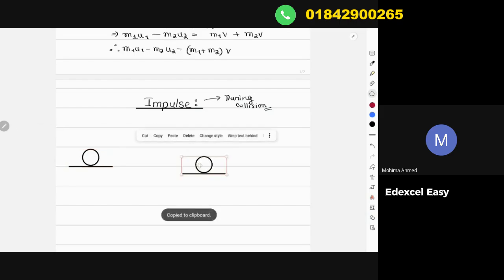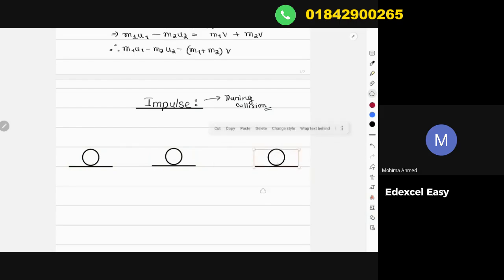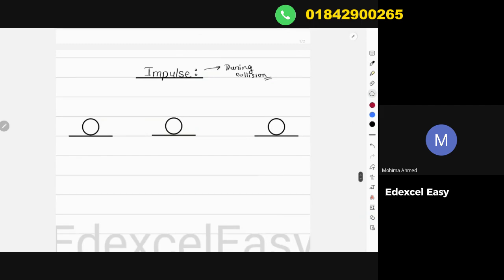Then this is the situation for particle 1 during collision and for particle 1 after collision. Over here, obviously, particle 2 is also present, but I'm not focusing on that, okay? I'm only focusing on particle 1. So originally, particle 1 was moving towards the right-hand side with a velocity of u, and after the collision it changes direction to the left-hand side with a velocity of v.